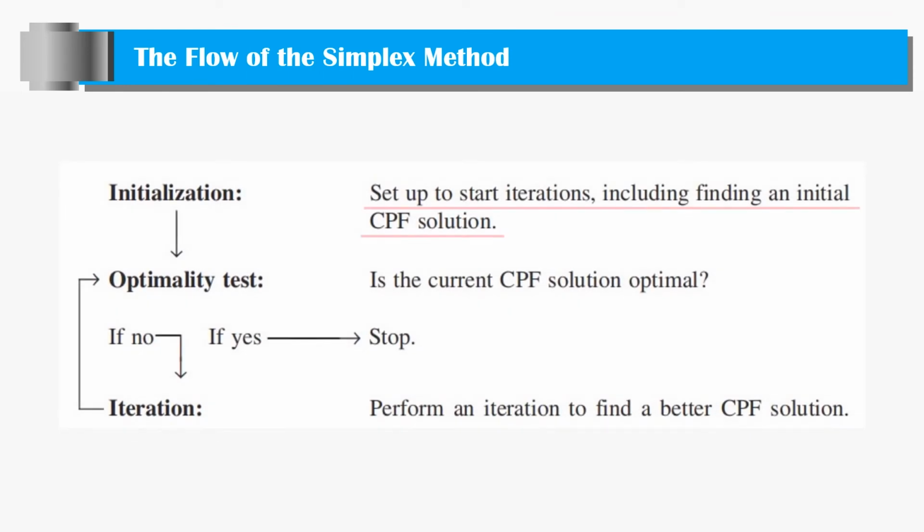We first set up the model and then start the iteration by finding an initial CPF solution. And then we do the optimality test. Is the current CPF solution optimal? If yes, then that's the optimal solution. If no, then we perform an iteration by checking its adjacent points to find a better CPF solution and repeat the optimality test until we stop.